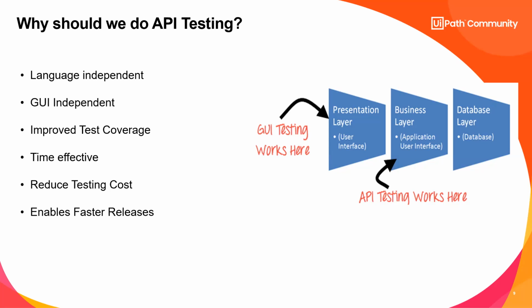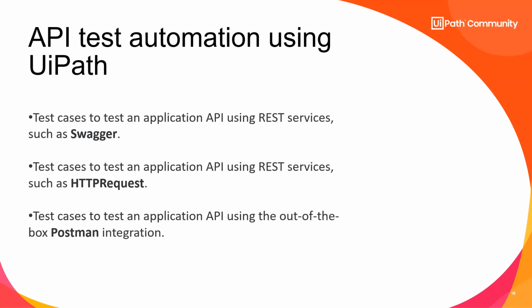But how is API testing carried out? So we will see how we do API test automation using UiPath. With UiPath, there are 3 ways we can carry out API test automation.